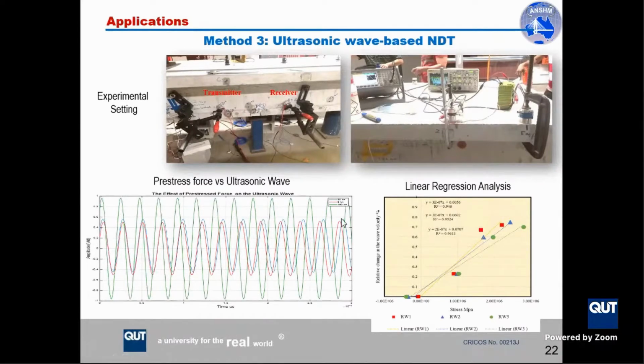Based on this, we do linear regression analysis to formulate the relationship between the prestress force and the velocity of the wave, and we can see it had a kind of linear relationship. So we can use this analysis to inversely identify the level of prestress force based on the wave velocity.